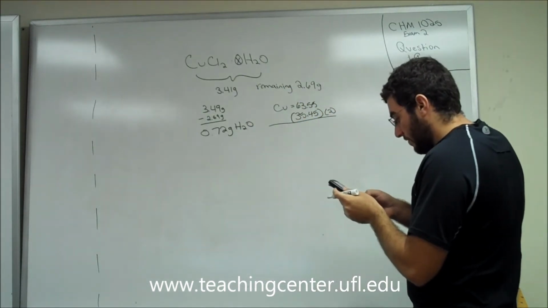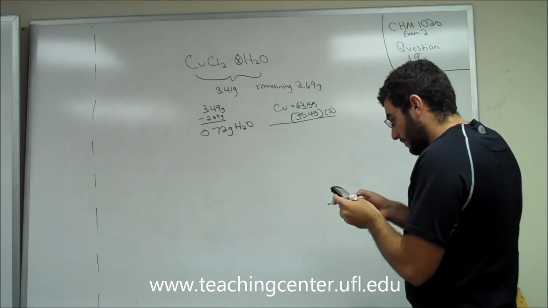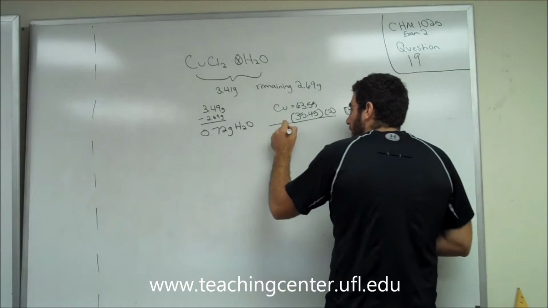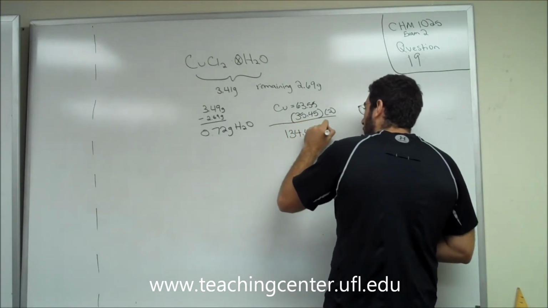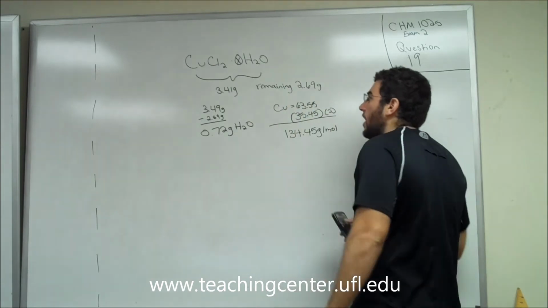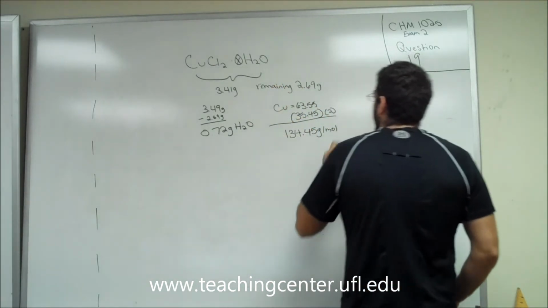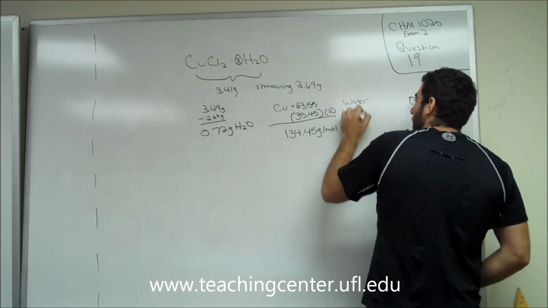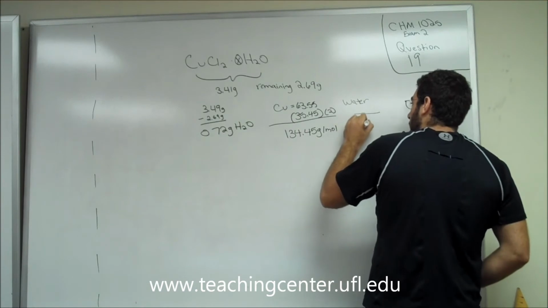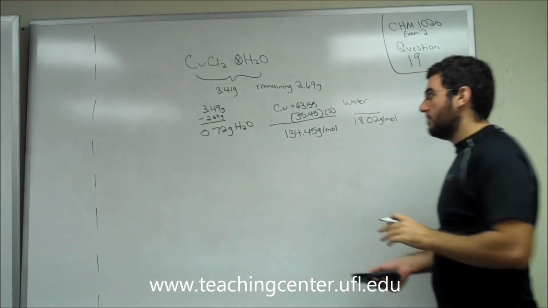So 35.45 times 2 plus 63.55 gives us a total of 134.45 grams per mole. For water, hydrogen is 2 and oxygen is 16, so it's equal to 18.02 grams per mole. This is one we use a lot. You should kind of commit that to memory.